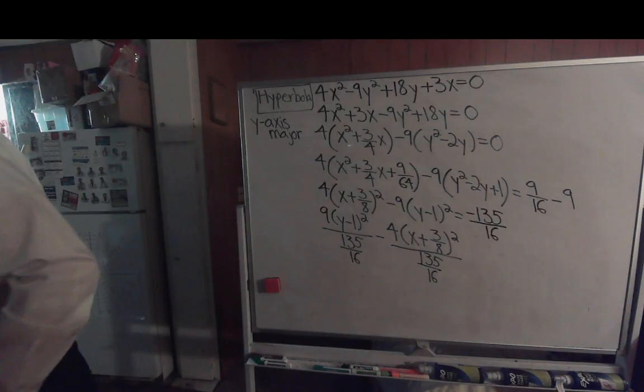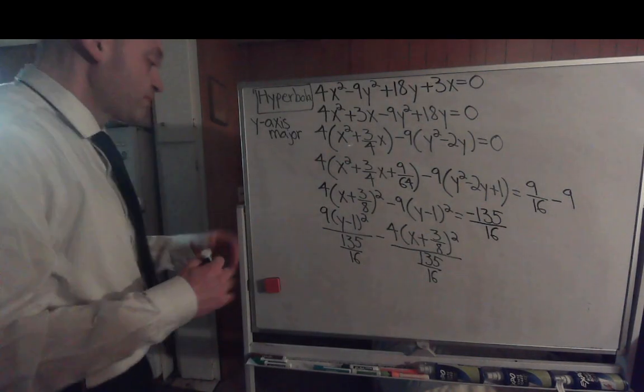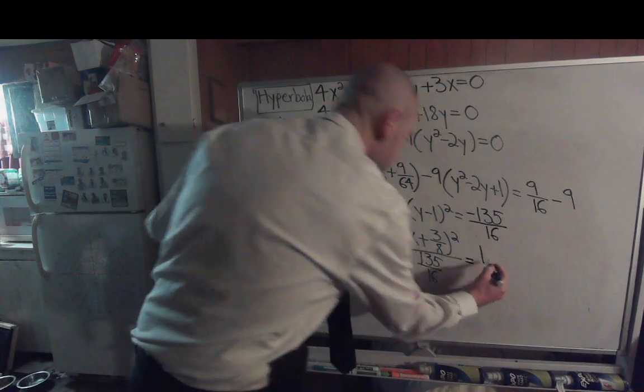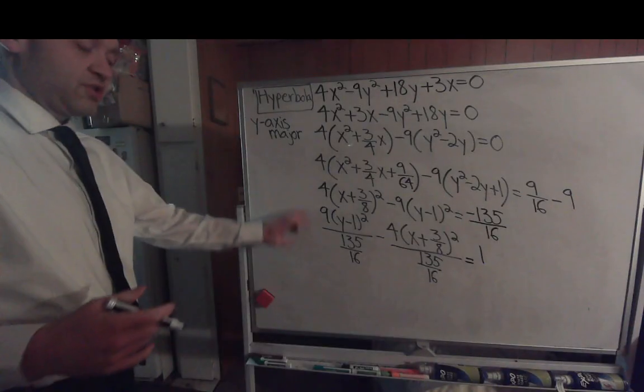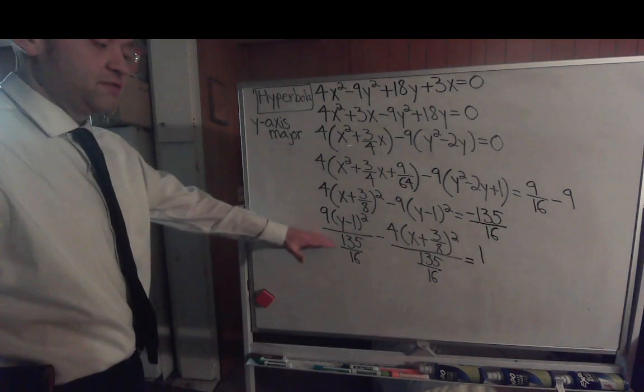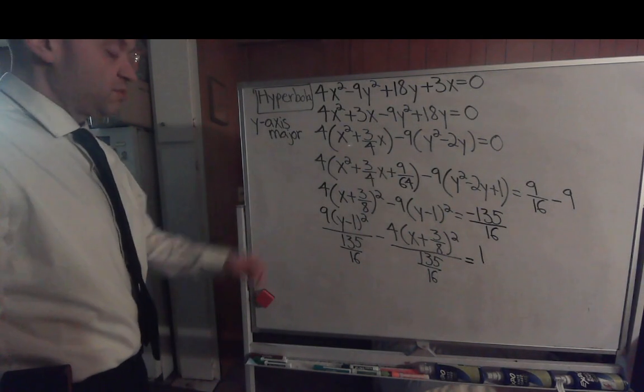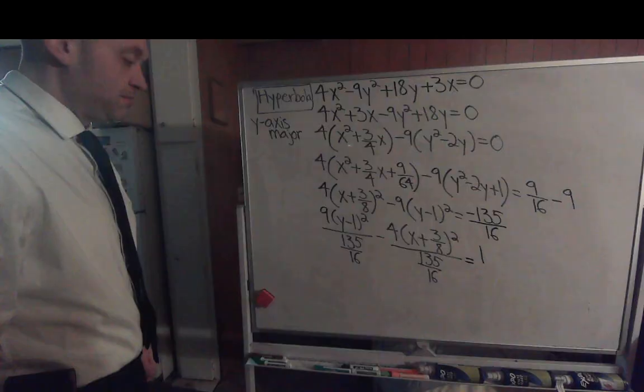Okay. Well, the right-hand side equals 1, but we need to simplify the numerator so we get the correct lengths of the axes. So the first term we have to divide by 9.